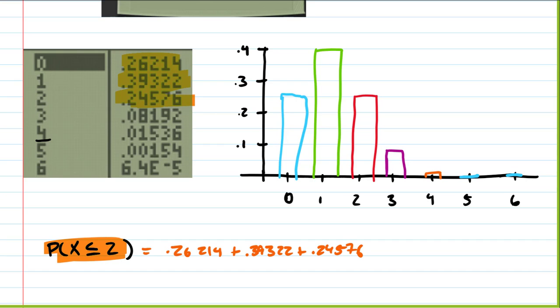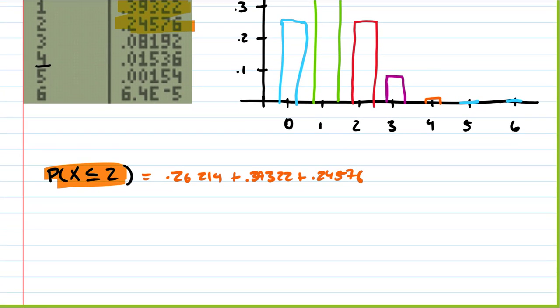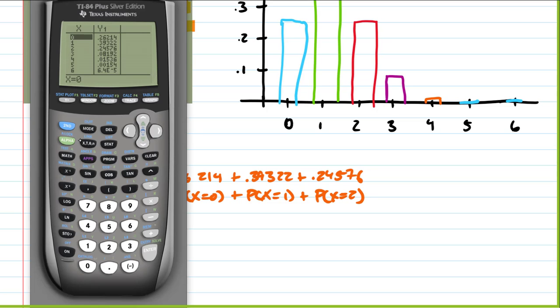Instead of typing all of that in, we can just grab our calculator, because this is P of X equals 0 plus P of X equals 1 plus P of X equals 2. So on our calculator, you go back to your home screen and you just go alpha trace, select y1 of 0, plus alpha trace, y1 of 1, plus alpha trace, y1 of 2.